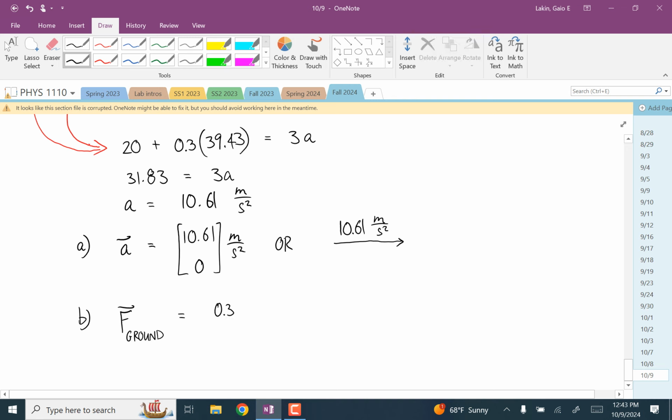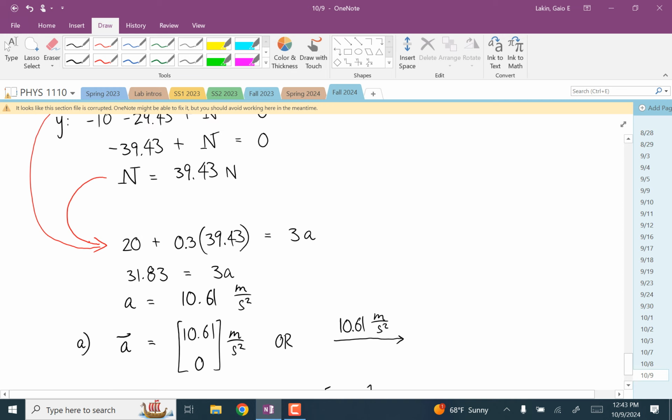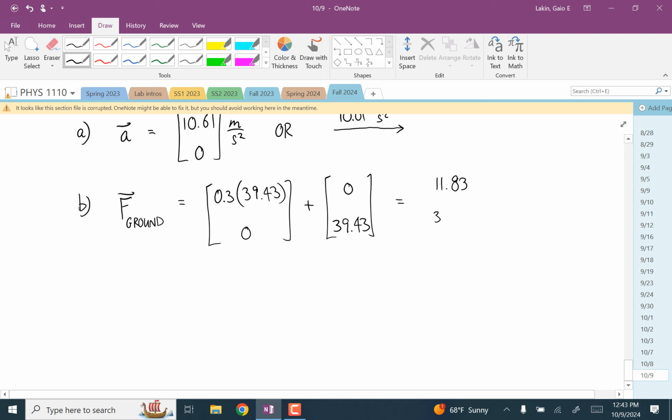So this is 0.3 times the normal force, which was 39.43, plus the normal force, and so you get a force vector of 11.83, 39.43.